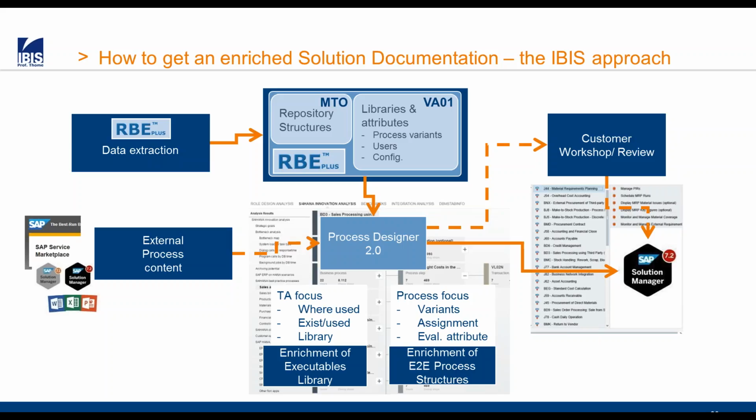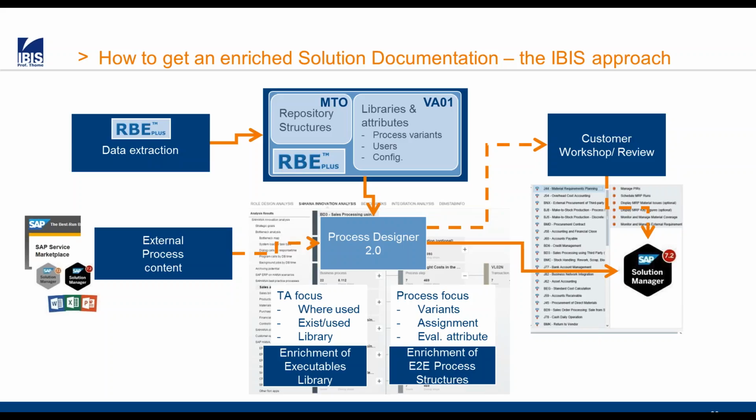And on the other side, we are able to take in lots of additional information, like information found at the SAP Service Marketplace, like the best practices, or like taking in existing 7.1 process models, or even taking in existing models based on old test cases, whatever.